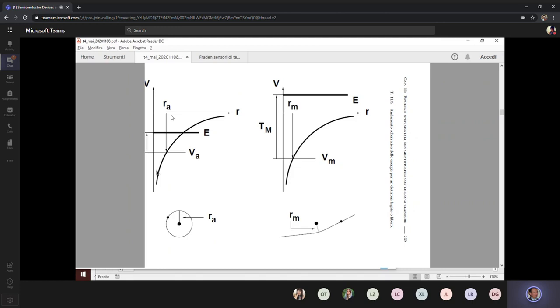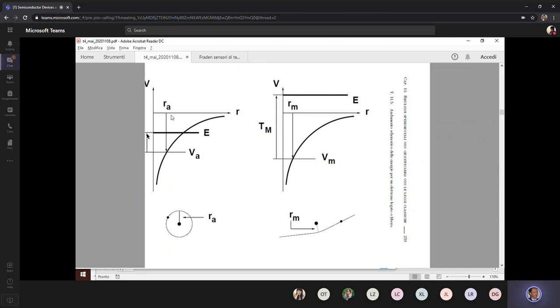Okay, so this is the curve representing the potential energy. Of course, when R goes to infinity, V goes to 0. Then we may have two possibilities. One possibility is that the total energy is negative. And the other, illustrated on the right, is that the total energy is positive.